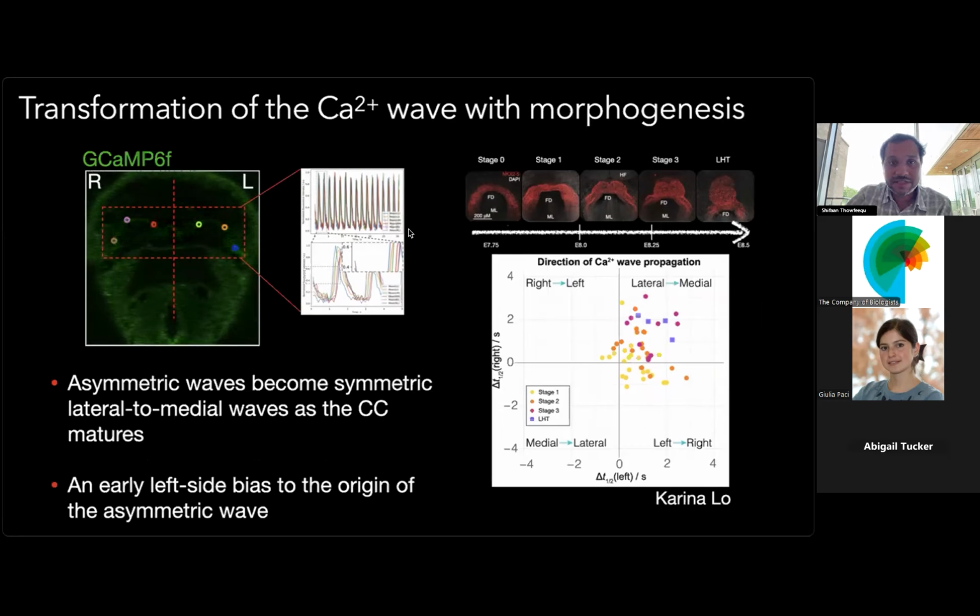So just to summarize the data, what we see is that initially at the early stages, we see what's called an asymmetric wave, a wave that goes from one side to the other. And in the majority of the cases, these are going from the left to the right. But as soon as the cardiac crescent matures, you see symmetric waves on both sides, i.e. waves that emerge at the lateral aspects of the heart and travel towards the medial.